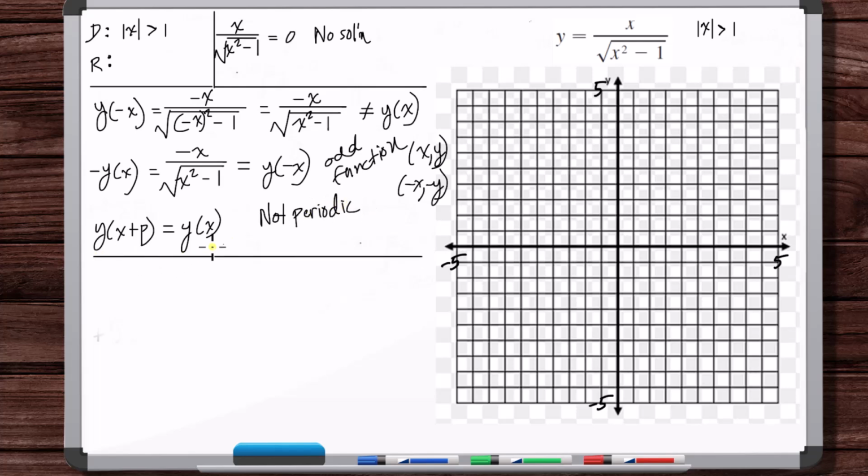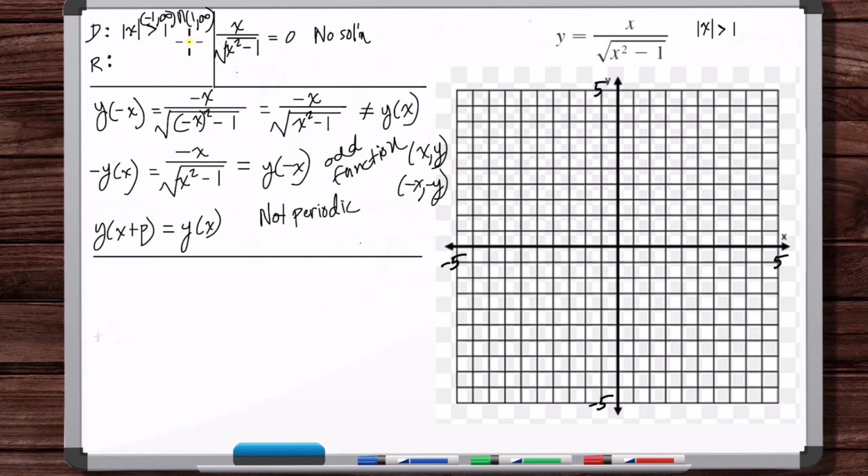All right, next let's check endpoint behavior. The domain here is minus infinity to minus 1, not including the endpoints, and then 1 to infinity, not including the endpoints, right? We could write the domain as minus 1 to infinity, and then 1 to infinity, like that.